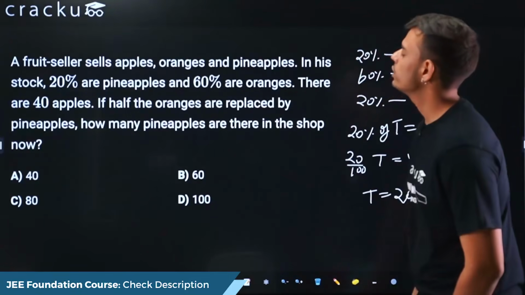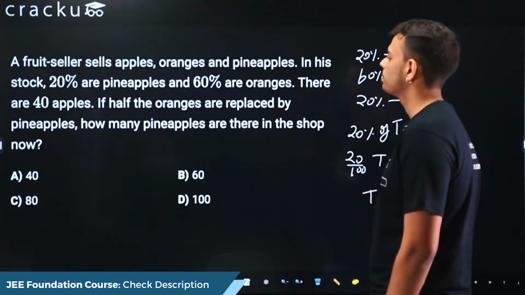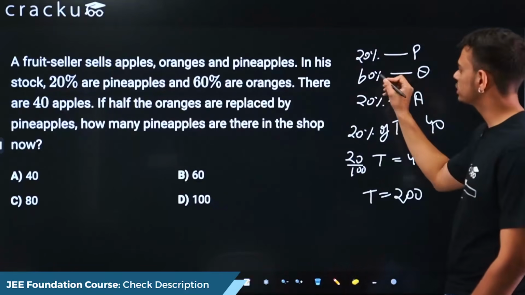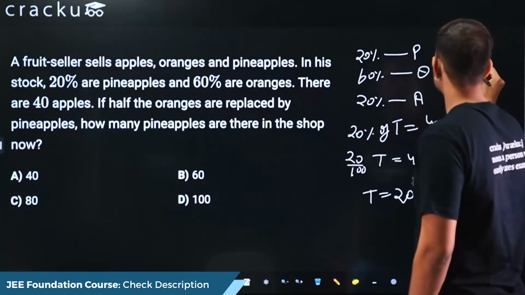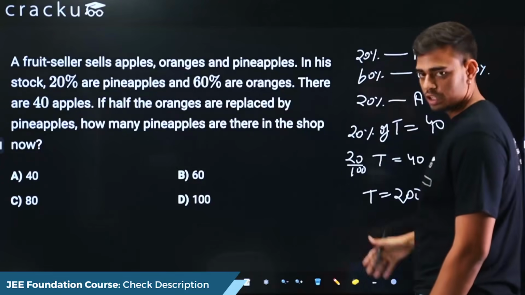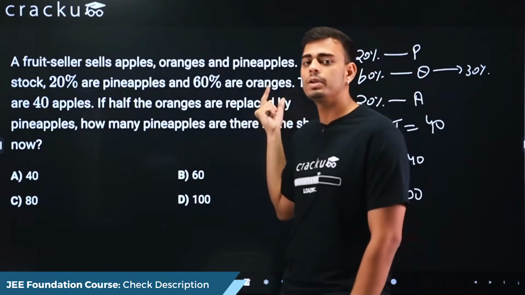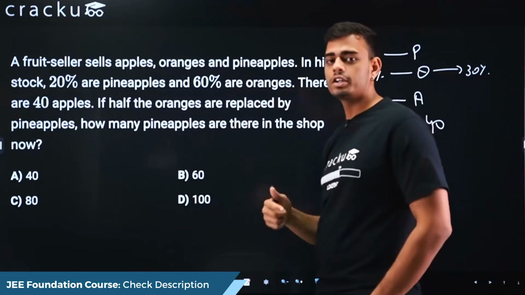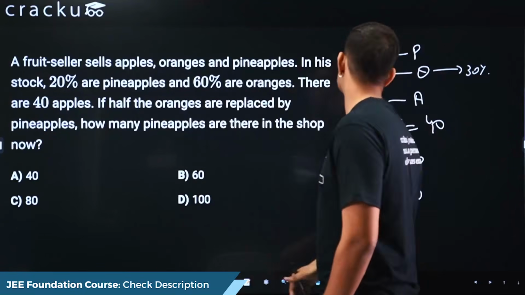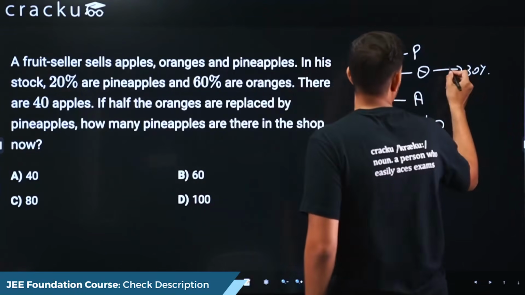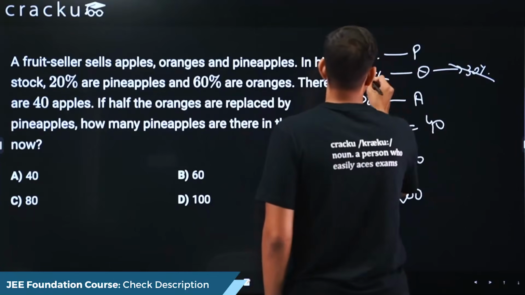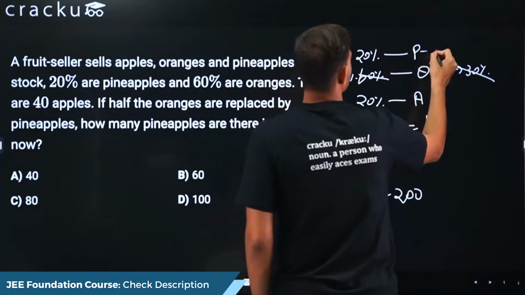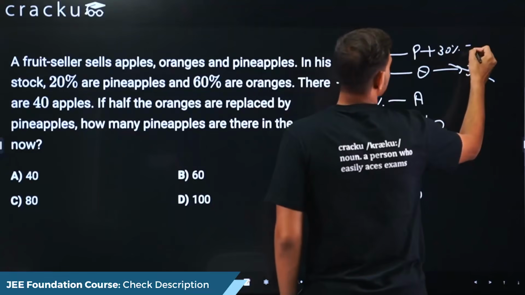Now we are given that half the oranges are replaced by pineapples. So what is half of 60%? 30%. 30% of oranges are replaced by pineapples. So I'm removing these 30% of oranges and introducing 30% pineapples. So pineapples become 20% plus 30%, which equals 50%.